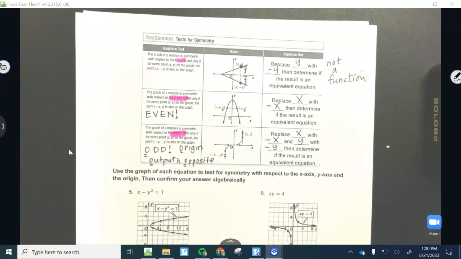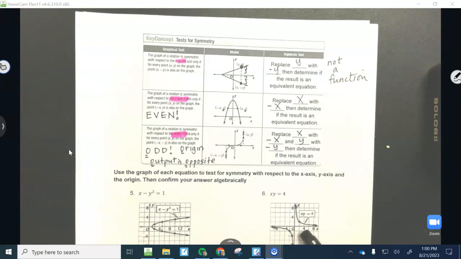All those O's are going to tell you it's odd, symmetrical about the origin, an odd function, all of that. Outputs are opposite. So those are all attributes for the functions that we're going to talk about today. We are going to look at these two. We have one more attribute to talk about tomorrow.